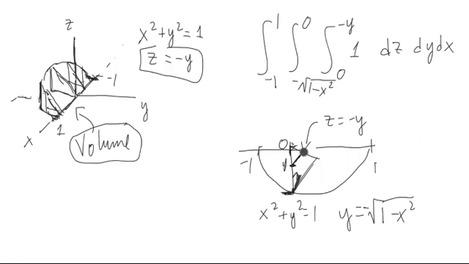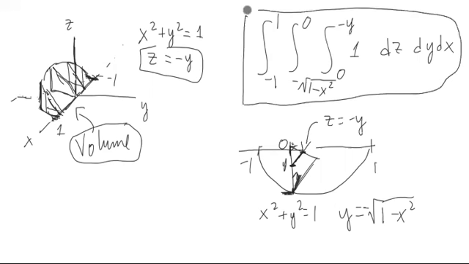So this really does represent a positive z value here, since y is headed from a negative value up until 0. So this would be the triple integral that we would need in order to compute this particular volume, and we'll look at that volume in the next video.